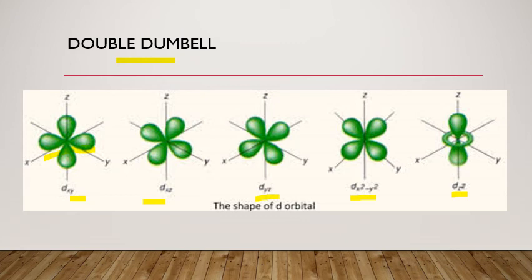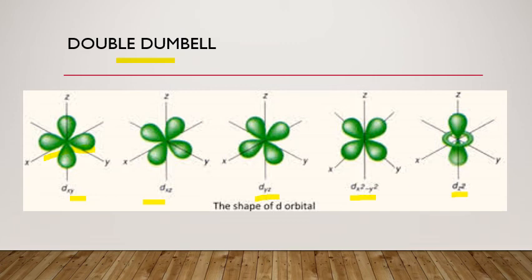dxz, we have one of the dumbbell lobes in between the x and z. You can see it here. That's why these orbitals are said to be mid-on axis. So we have this in between x and z. The other can be on the axis, but since we are saying that it is xz, that particular lobe of the dumbbell lies in between the x and z axes.